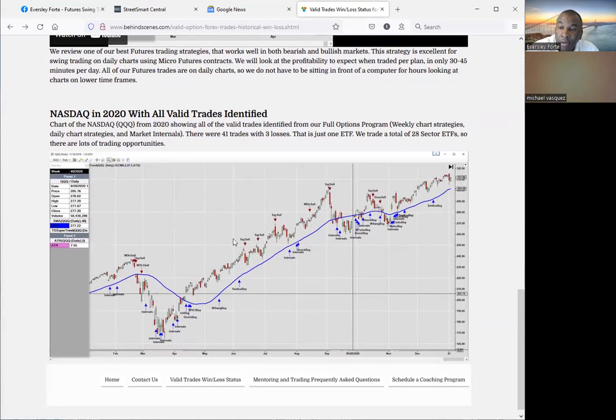We listed on one chart one year's worth of trades on the NASDAQ, using options, up and down, all on just one symbol. We trade 28 ETFs, but this was the NASDAQ, and it was 41 trades with 3 losses. So we maintain a pretty high win percentage, especially with options, and this is a good chart to see how the trades come up and how they're utilized.